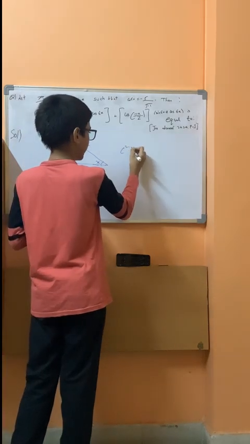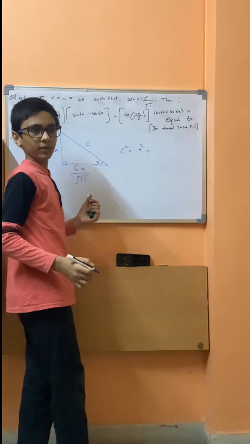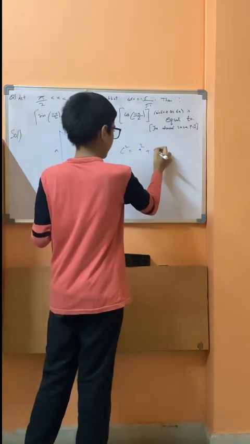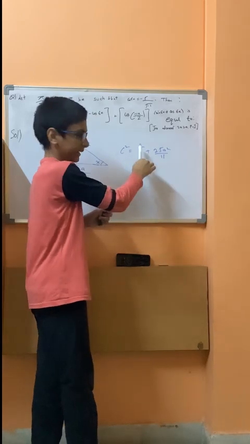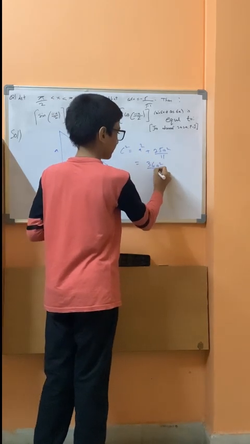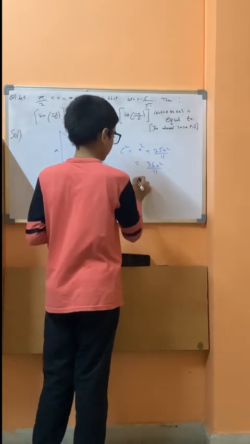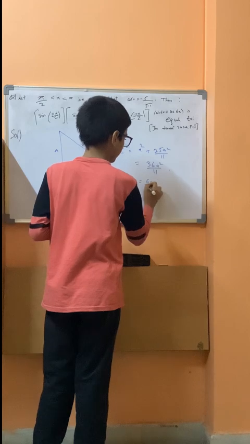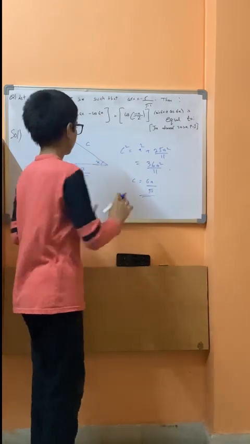So c squared is a square plus 5a by root 11 whole square. So 25a square by 11. So we will take LCM. So we got 36a square by 11. Now we take square root on both sides. So c is 6a by square root of 11.